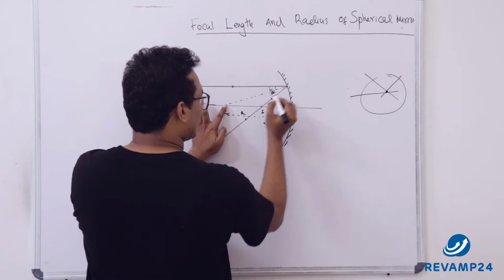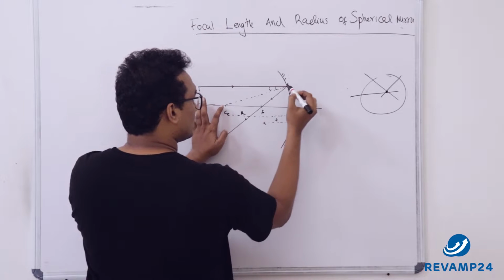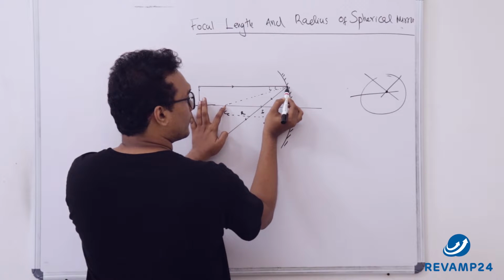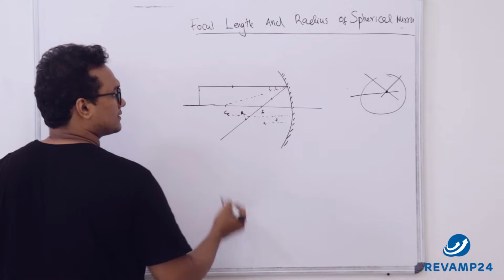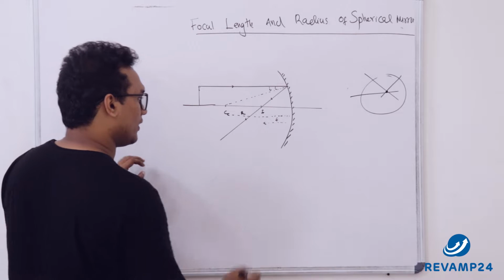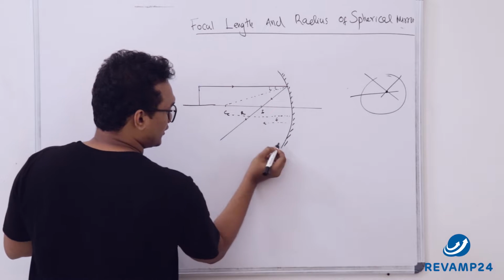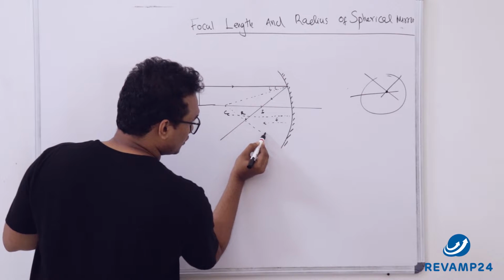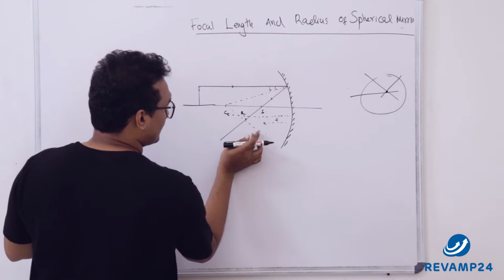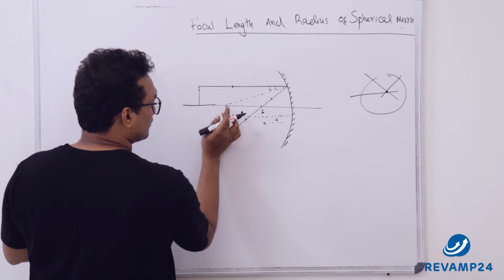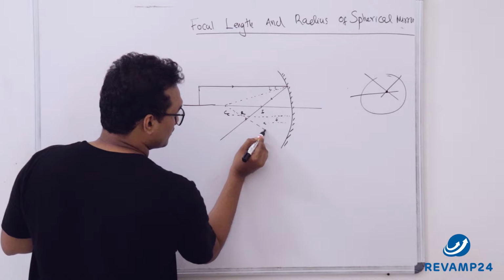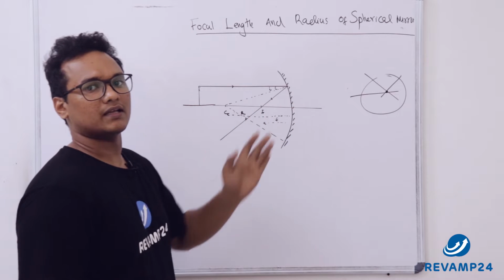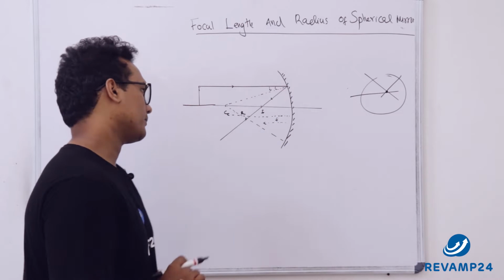So the normal at any point would be nothing but the radius that is formed when connecting that point with the center of curvature. So at this point also, the normal would be simply the radius, and that should pass through this point and the center of curvature. Okay, it would be in this way. At all points the normal should be simply the radius that is passing through that point.